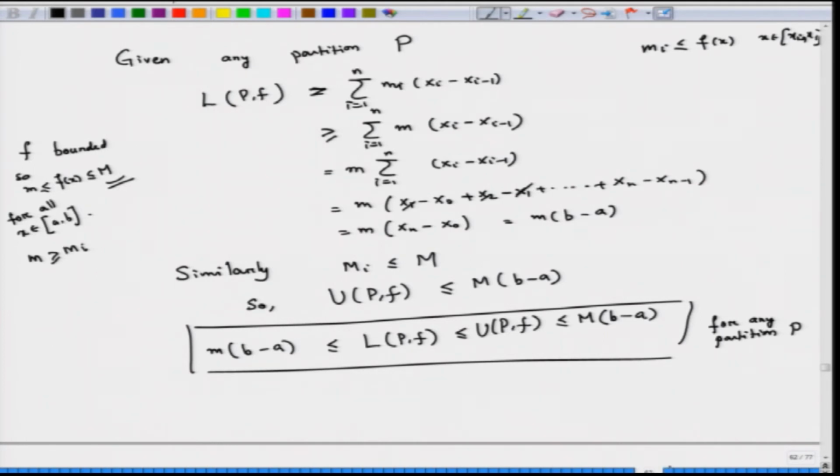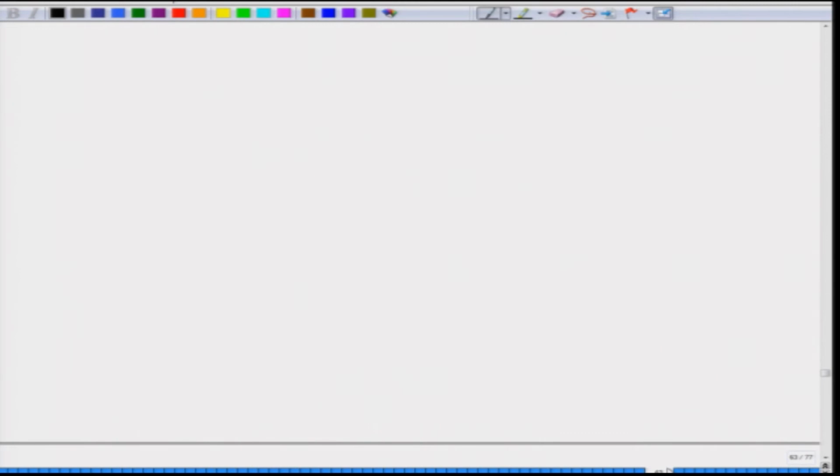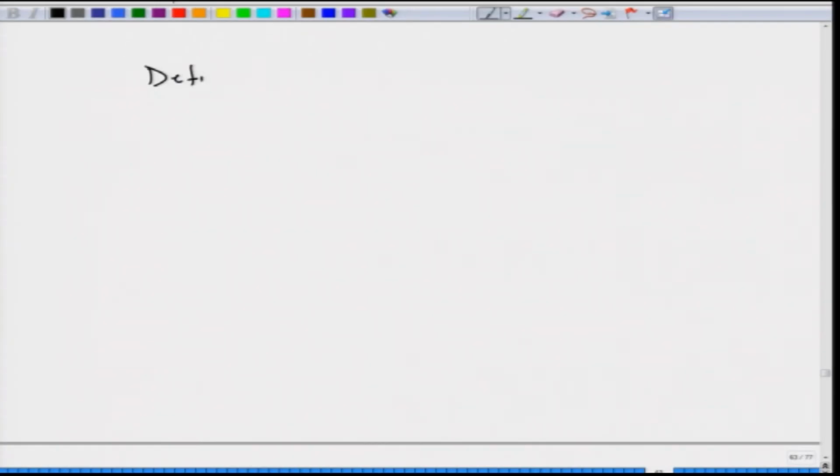So, now what we define is, as you can see, U(P, f) and L(P, f) are bounded for every P, and they are real numbers which are bounded for every P. So, that suggests we define the integral from a to b of f(x) dx.